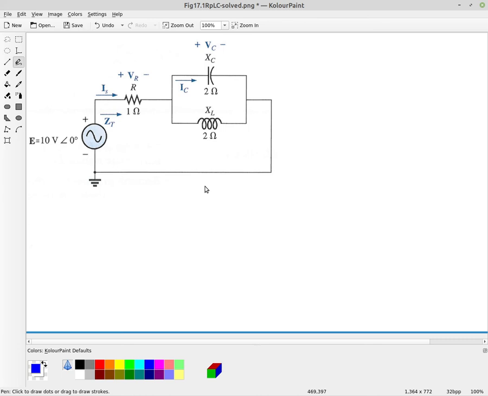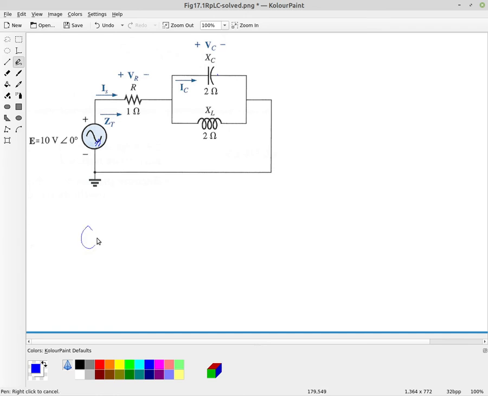All right, we're going to look at one last circuit permutation, if you will, of this. So here we have the RLC circuit, the same form of circuit we've been looking at before, but now the resistor is in series with the supply, and then the capacitor is up here in parallel with the inductor.